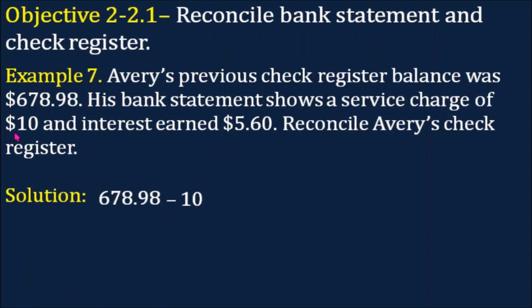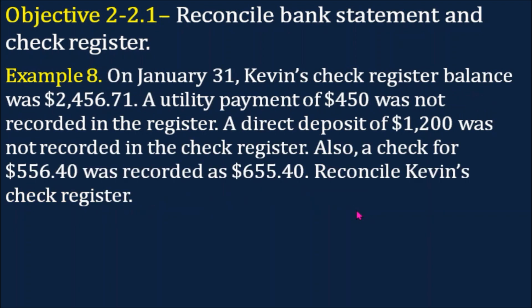Then we are going to subtract the service charge, which is $10, so minus 10. And then we are going to add the interest earned, which is $5.60. So performing the operations here, our answer is $674.58.